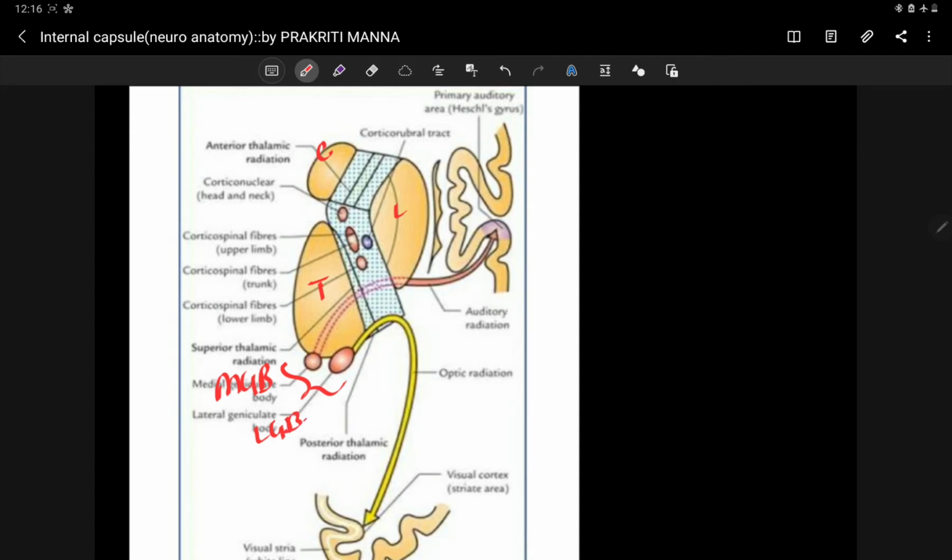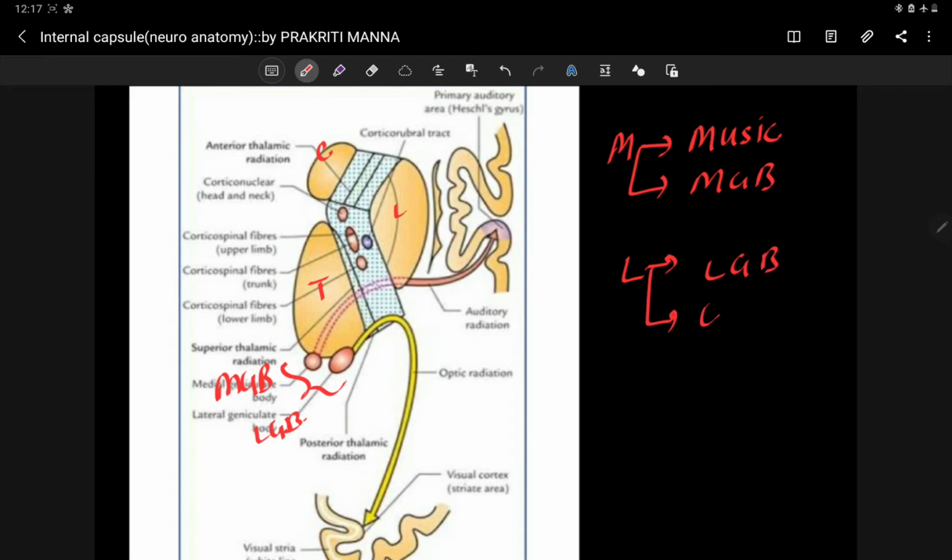For the medial geniculate body, I already told you M for music, and M for medial geniculate body. And also I told you L for lateral geniculate body and L for light, L-I-G-H-T. So these two are actually called your metathalamus.